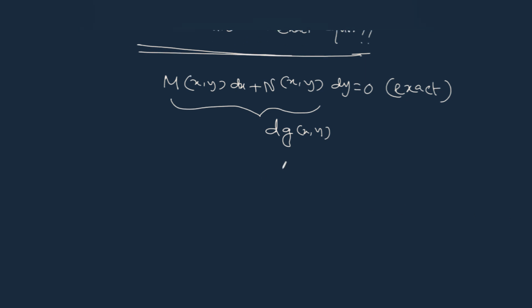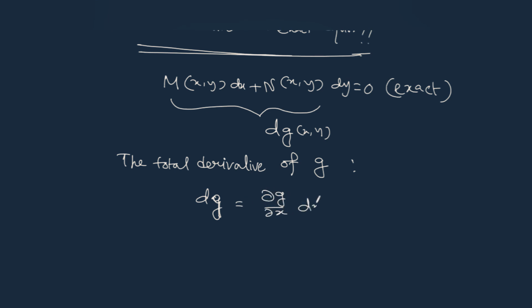But the total derivative of z is dz equals del z del x dx plus del z del y dy.